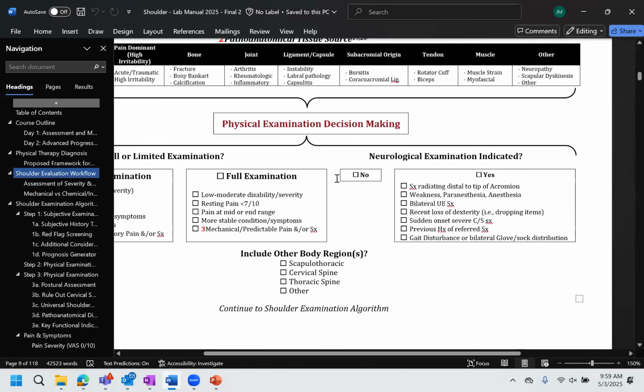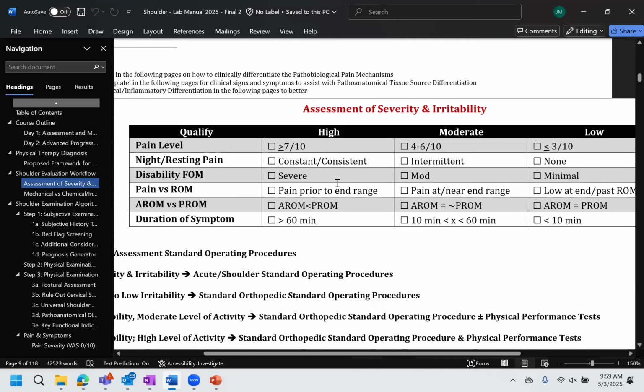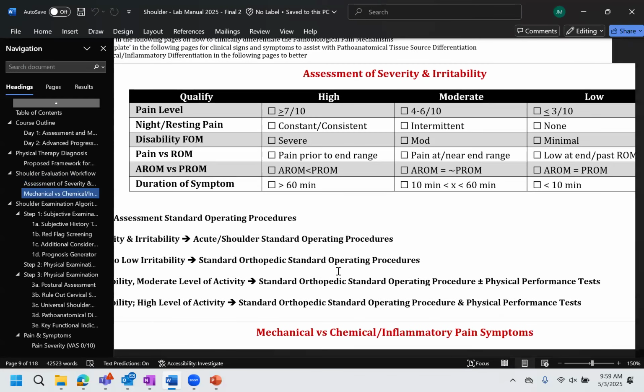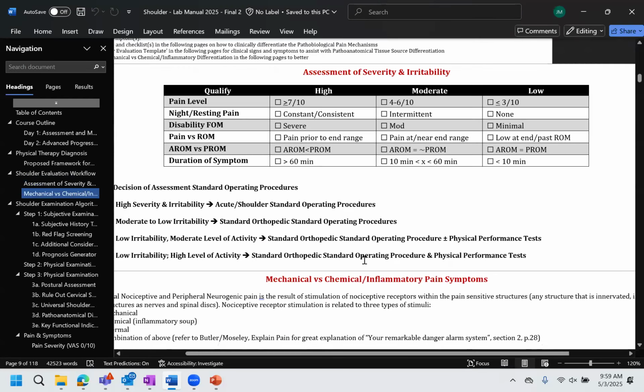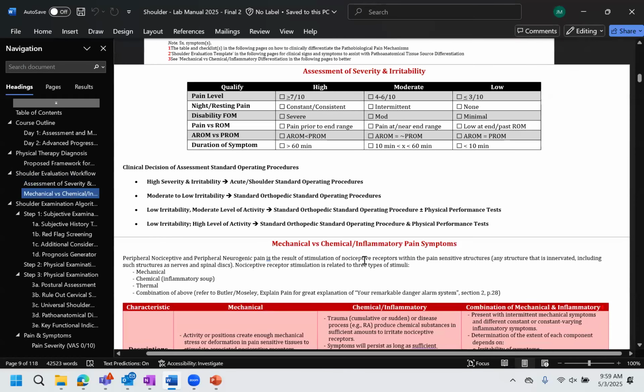The determinant of whether I do a full or limited physical examination, I use from Kelley 2009, where they talked about, I think it was one of the early clinical practice guidelines for the stiff shoulder. They talked about describing or stratifying someone's severity and irritability based off 6 different determinants.